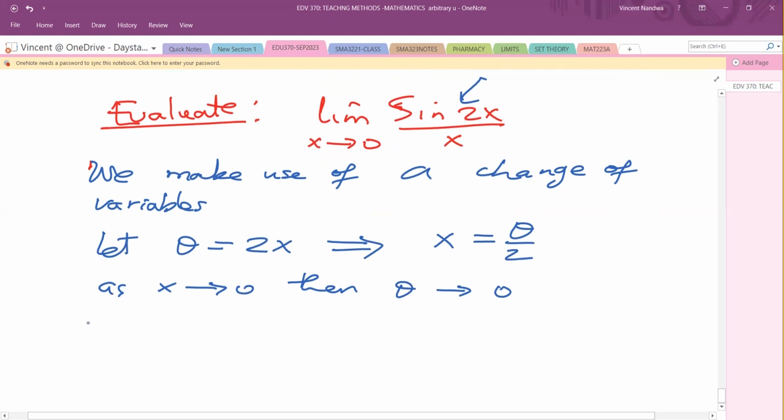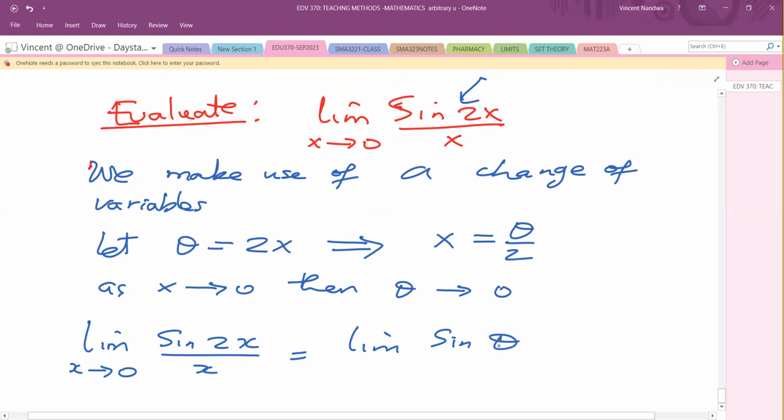So the limit as x approaches 0 of sine 2x over x becomes the limit where, instead of 2x, we put theta, right? And instead of x approaches 0, we say theta approaches 0.